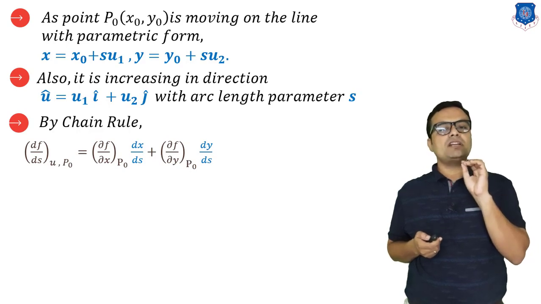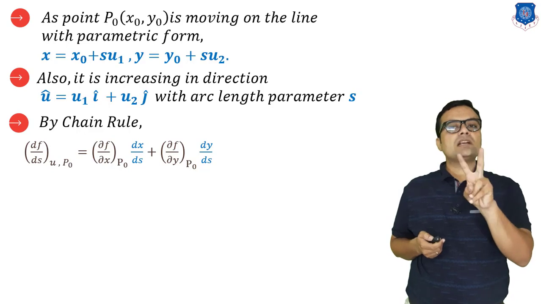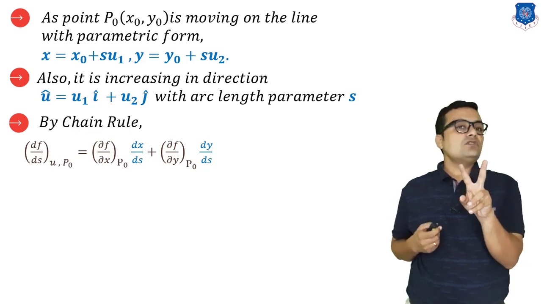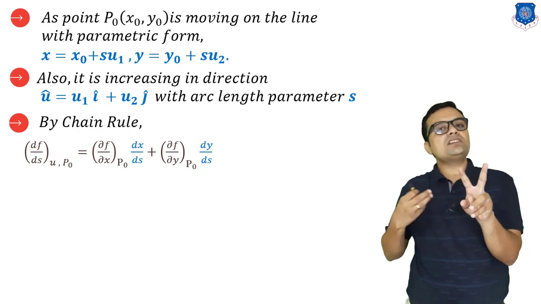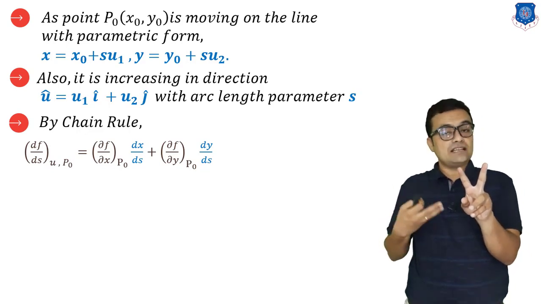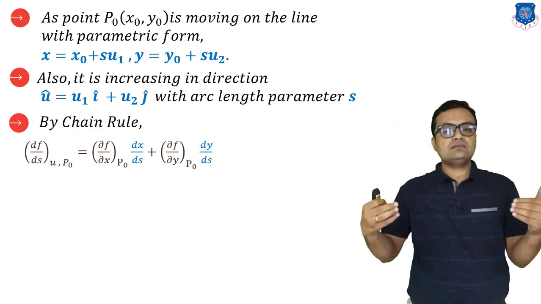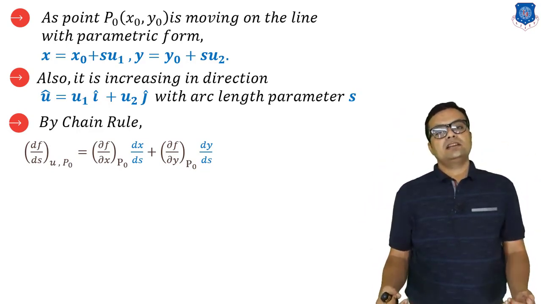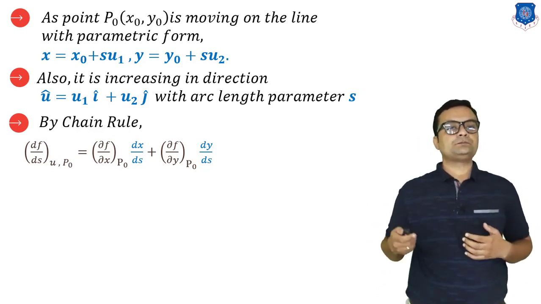Why is this happening? At this particular point, function f depends on two variables x and y, and as we know the values of u1, u2 and x0, y0, the only change happening in x, y is in terms of s. So ultimately the branch diagram will be this: f depending on x, y, x, y depending on s, and then we know how to find the chain rule for this.